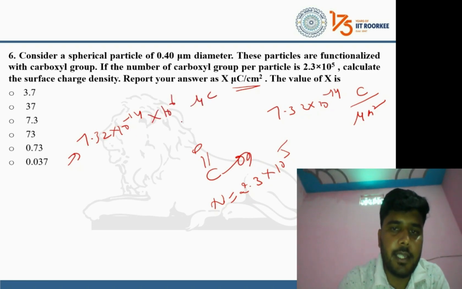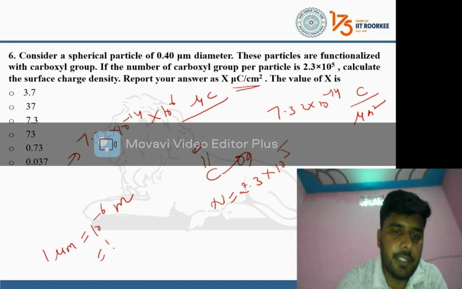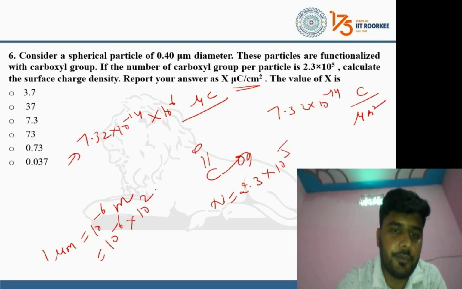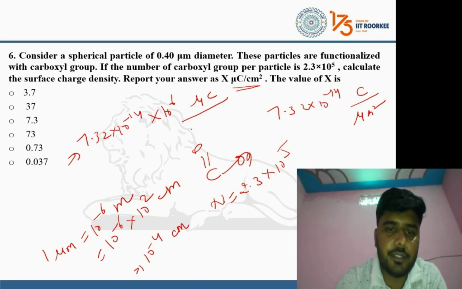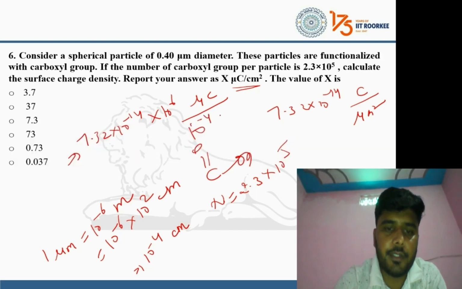Now you have to convert micrometer to centimeter. One micrometer is 10 to the power minus 6 meter, or 10 to the power minus 4 centimeter, so micrometer square is 10 to the power minus 8 centimeter square.